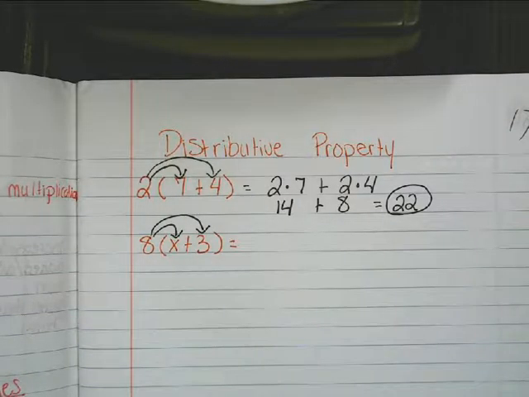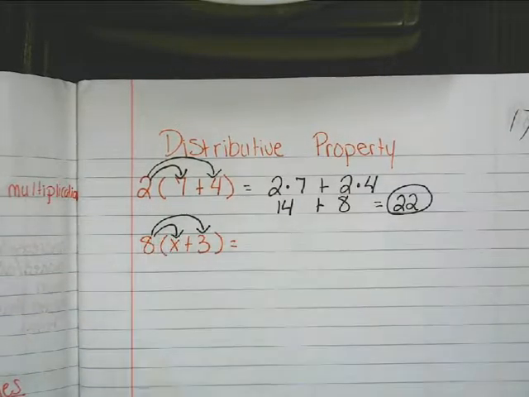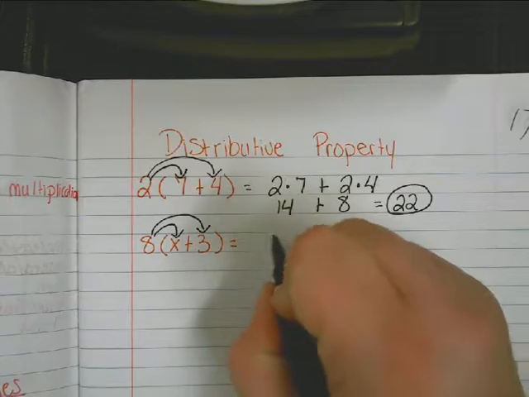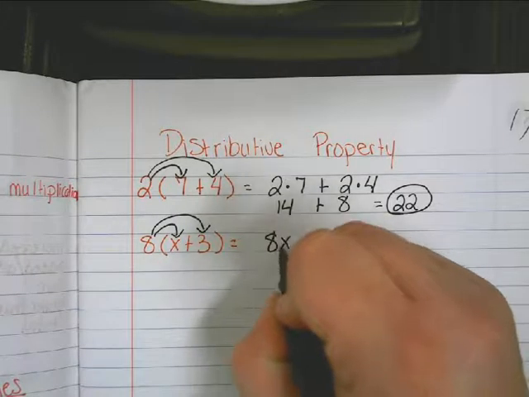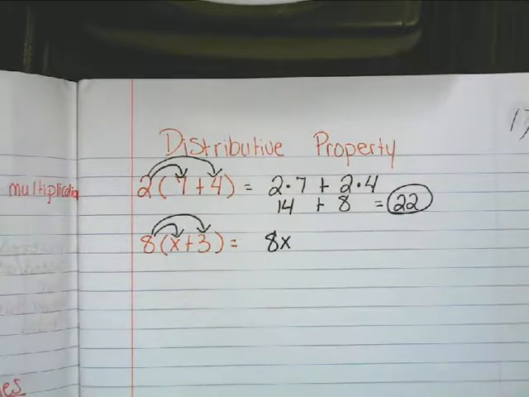So I'm taking 8 times x. But I don't know what x is. So when I write it, I'm going to write it as just 8x, because when I write a number with a letter right next to it, it means to multiply.